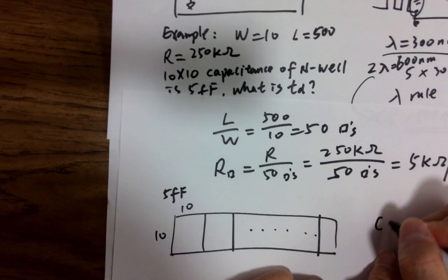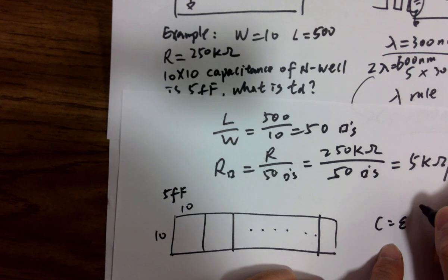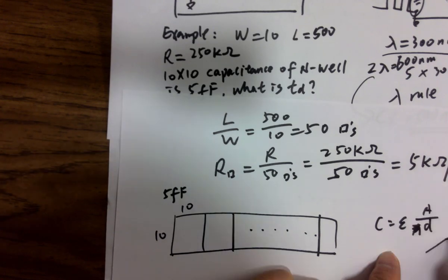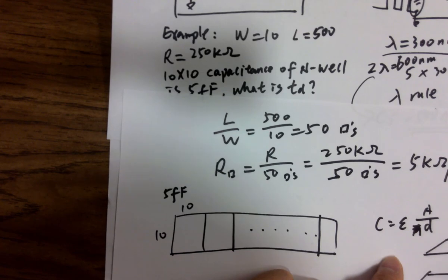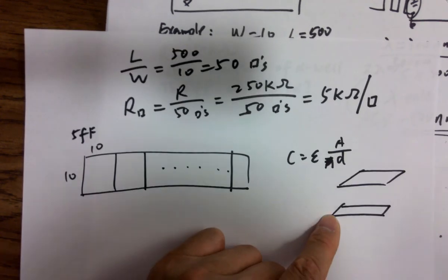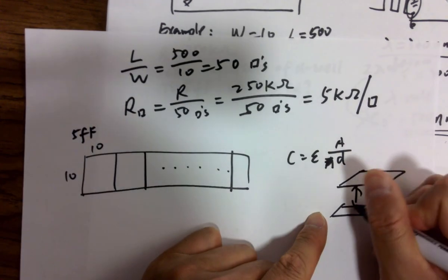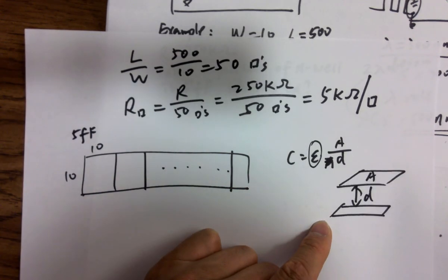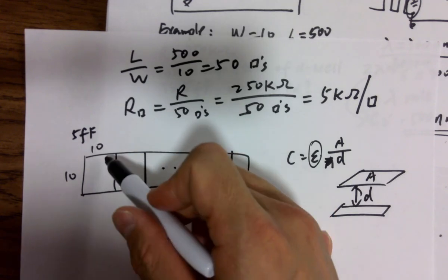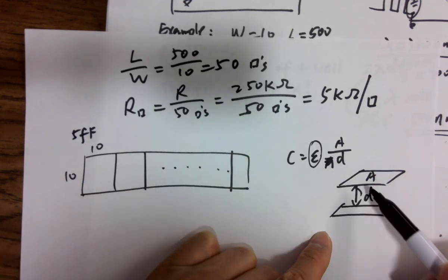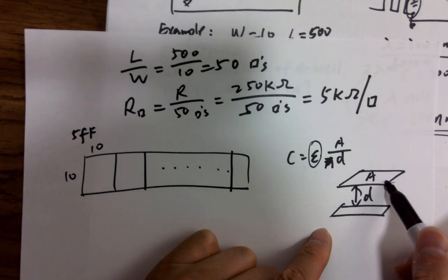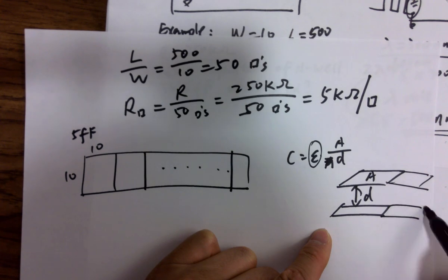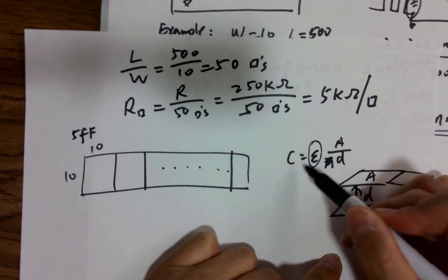So capacitance equals what? Epsilon A over D, right? D is the distance. You have two plates. Here's the area, here's D. That's a constant, epsilon. So this is the top view, and this is the side view. If you're doubling the A here, you're doubling the capacitor.